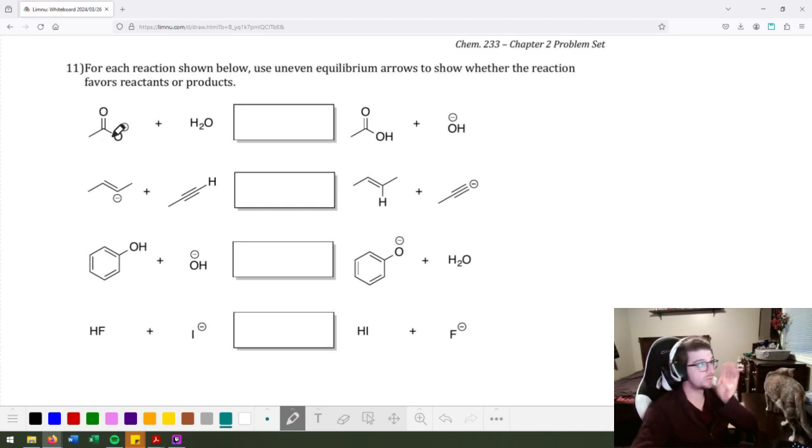Okay, so first, what we need to do is label the acid and conjugate acid and the base and the conjugate base. So the acetate is going to be our base. Water is going to be the acid. Conjugate base will be hydroxide. Conjugate acid will be acetic acid.